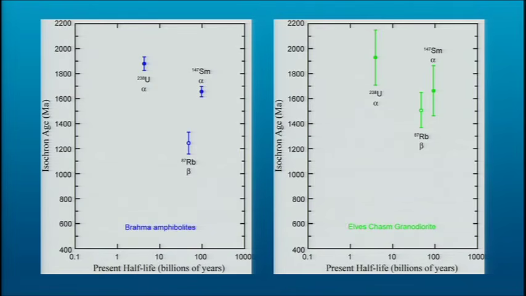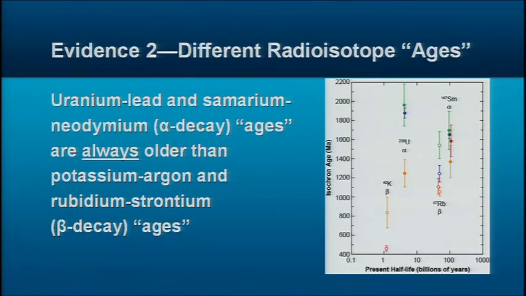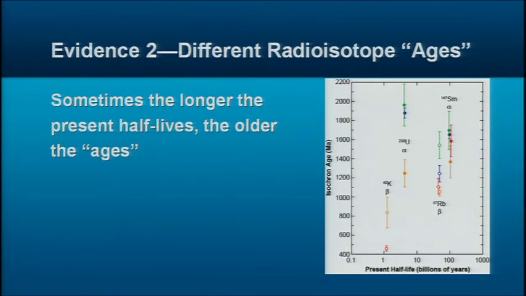The beta is always less than the alpha, the uranium and samarium. And that's what we found. The uranium and samarium-neodymium ages, the alpha ages, are always older than the potassium-argon and rubidium-strontium beta decay ages. And sometimes the longer the present half-lives, that's the slower the decay rate, the older were the ages.